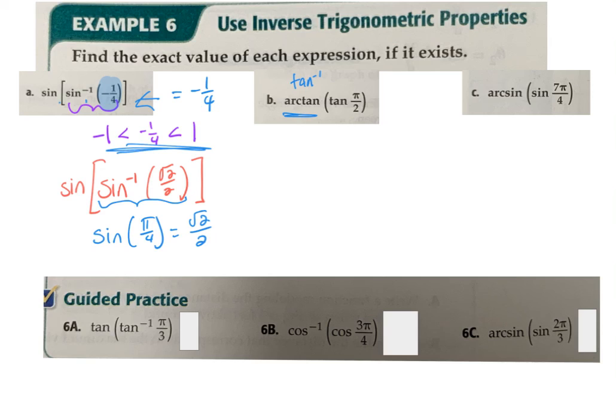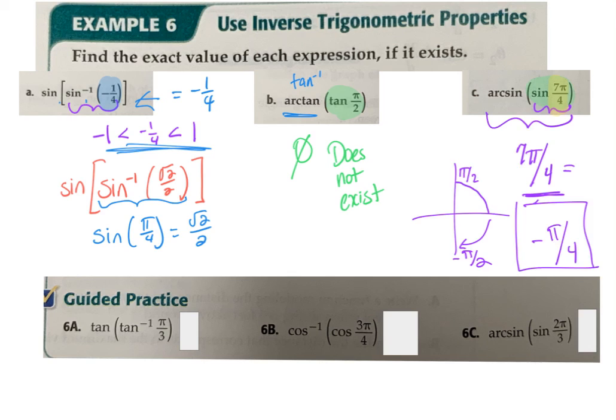So if this inside part does not exist, I can't do any of it. So for this one, I wouldn't just put down, oh, it must be pi over 2 because it's an inverse of a function. I would say, nope, does not exist. Empty set, does not exist. Here's what I'm trying to do. I know 7 pi over 4 is going to work.